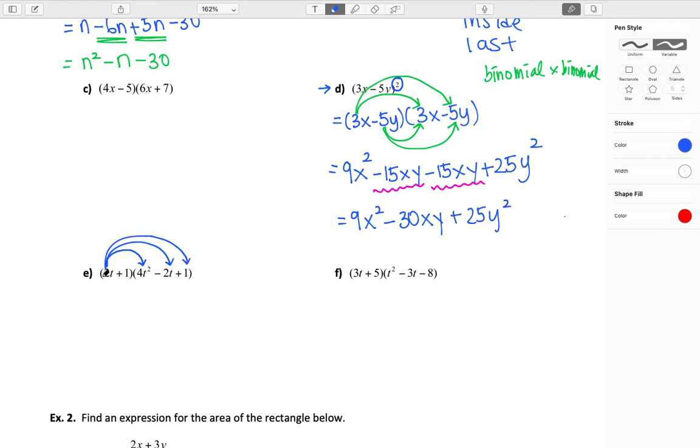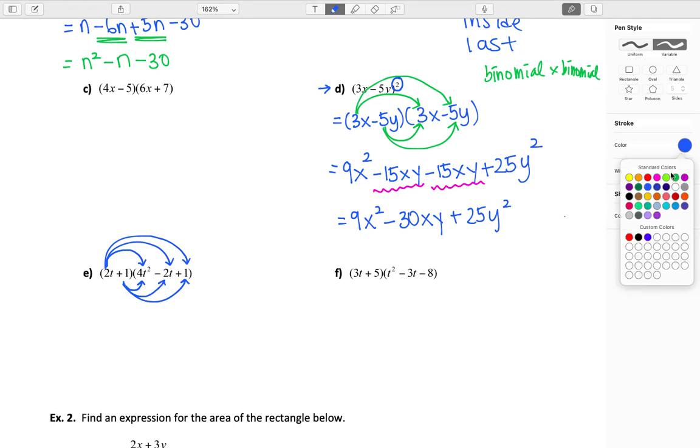Okay, so 2t is done handshaking with everyone in the other house. Now it's 1's turn. 1 is going to handshake with 4t squared, with negative 2t, and positive 1. And it's finished. So it's very similar to FOIL, but just think about it as distributive property.